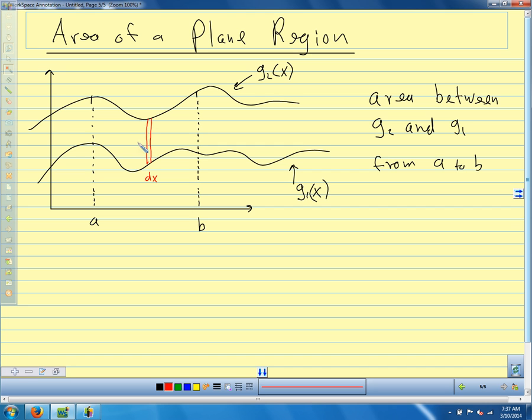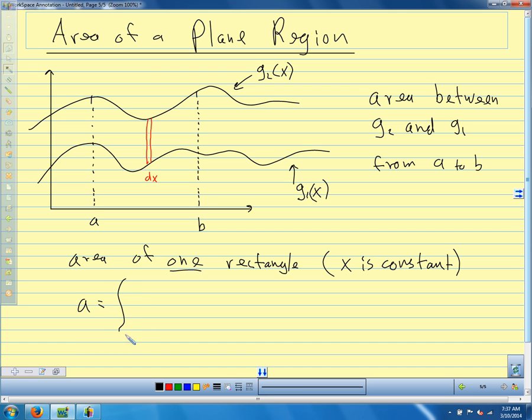So for a particular x, where x is fixed, x is constant, the area A of this one rectangle is going to be the integral from g1 of x to g2 of x dy.